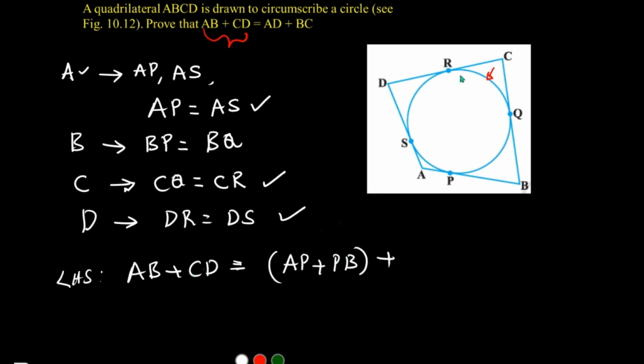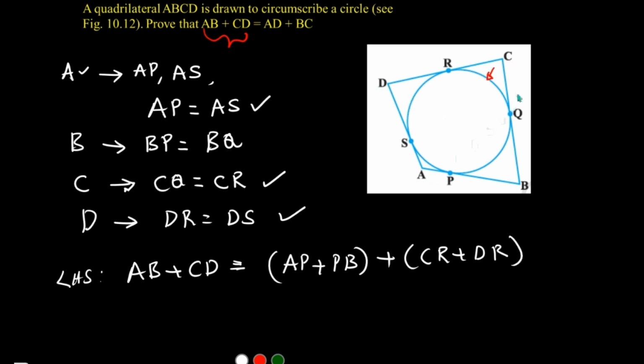Similarly, CD can be split into CR and DR. So that means the sum of AB and CD is written.